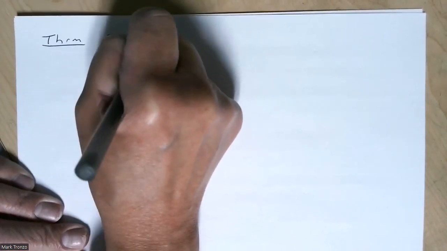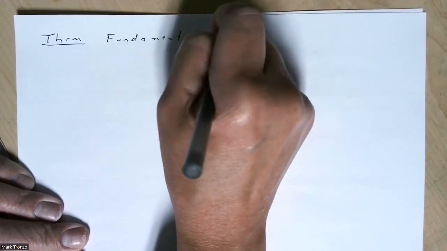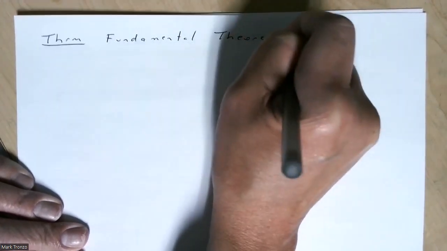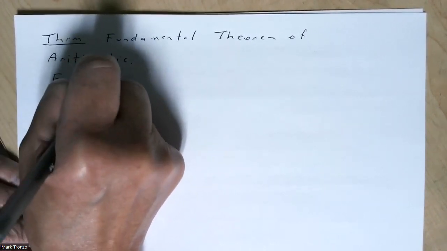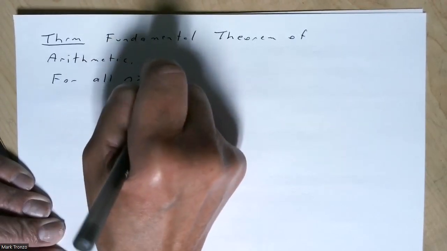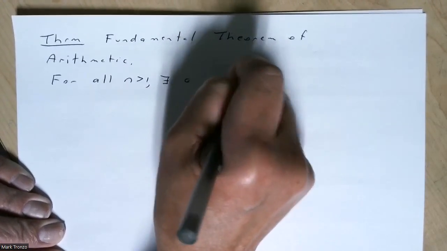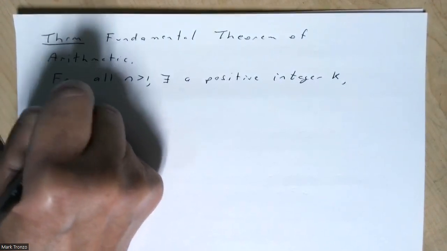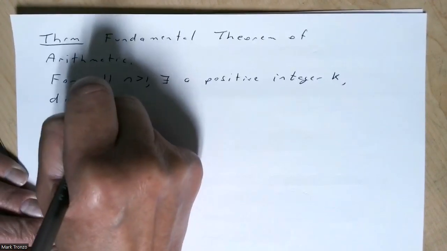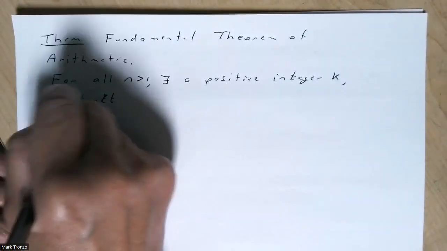And now we'll do what's called the fundamental theorem of arithmetic. For all n greater than 1, there exists a positive integer k along with distinct, that should say distinct. Let me read that a little bit better.